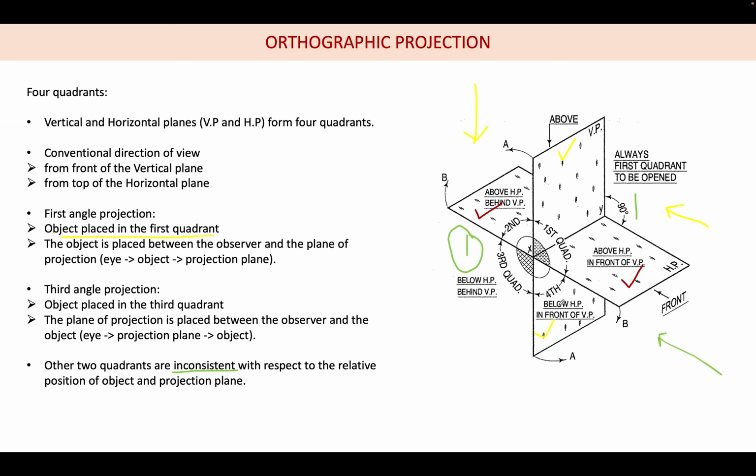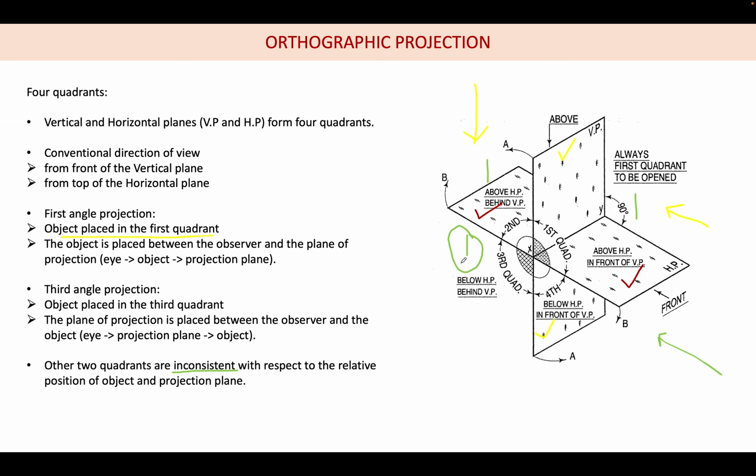Okay, so I will tell you. Assume that the object is placed in the second quadrant. If I look from the front, what I am seeing is that my projection plane is between the object and observer. But when I look from the top, the object is between the projection plane and observer. So this is the reason for the inconsistency.